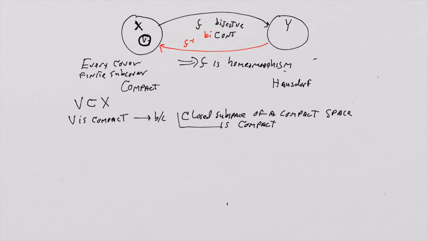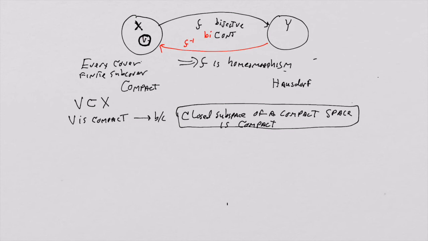There's a topological principle out there that says if I have a closed subset of a compact space, like I do here, that subset is compact. I asserted that V is closed because I want to exploit this rule. So I now know that V, this closed set of X, is compact because of this rule.